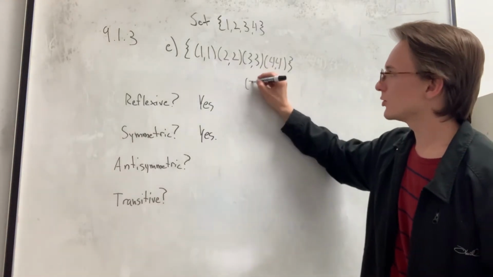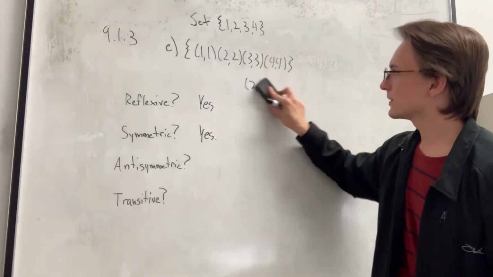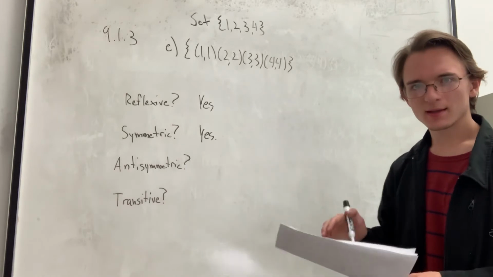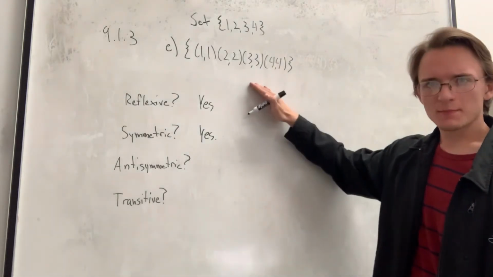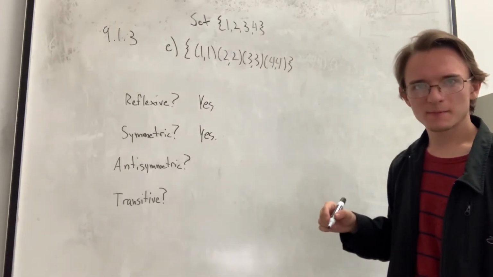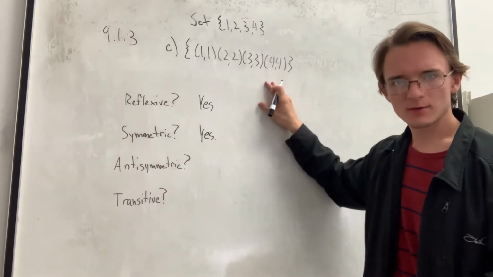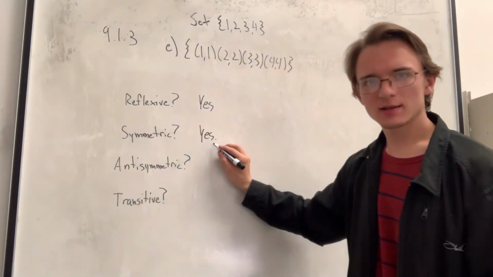So if there was a 2 comma 1 in there, then we'd be looking for a 1 comma 2. But because there's nothing to check at all, it's kind of like an if statement. If there's a pairing, then the reverse pairing should exist. But the initial pairing doesn't exist at all. So the if statement is always true. So that's why it is symmetric.